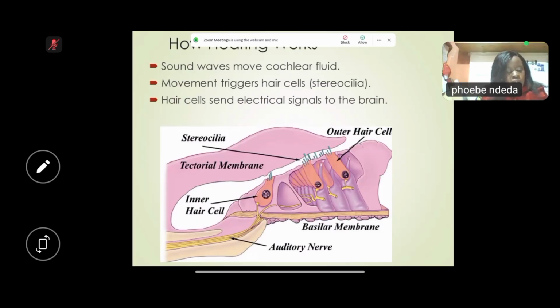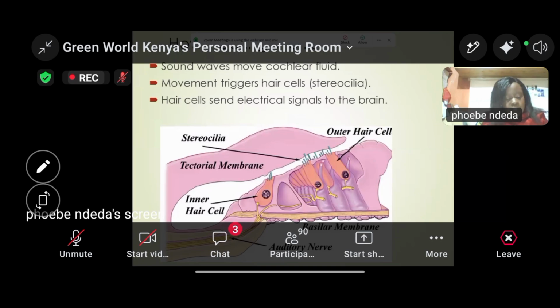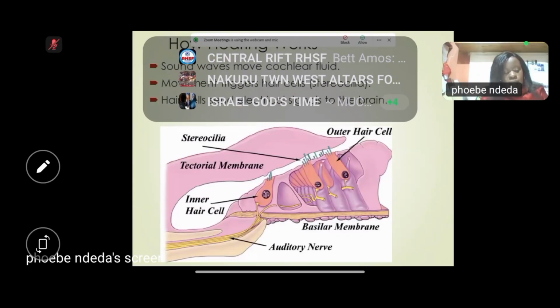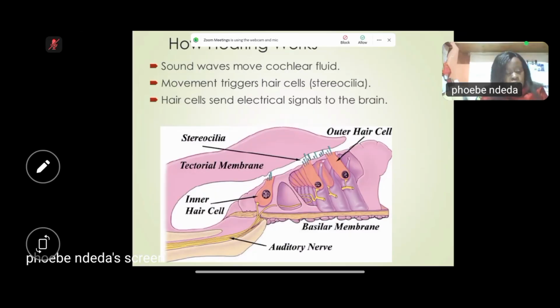So it means that your cochlea, as we have seen, is an organ within your inner ear that helps you hear. It is filled with fluid that moves in response to sound waves, and it's split into three tubes by two thin membranes. We have the basilar membrane and the tectorial membrane. The basilar membrane is like an elastic wall on top of which sits the organ of Corti, as you see there.